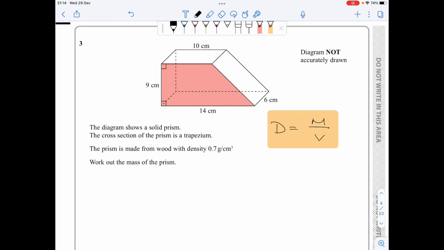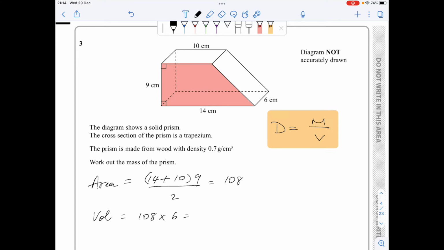So let's start by finding the area of the trapezium. This is base 1, which is 14, plus base 2, which is 10, times the height, 9, over 2. And this will give me 108. Then to find the volume, I will multiply this 108 by the length, which is 6.